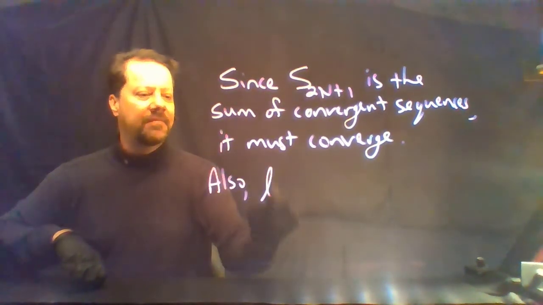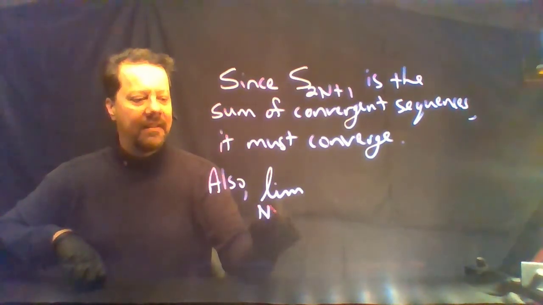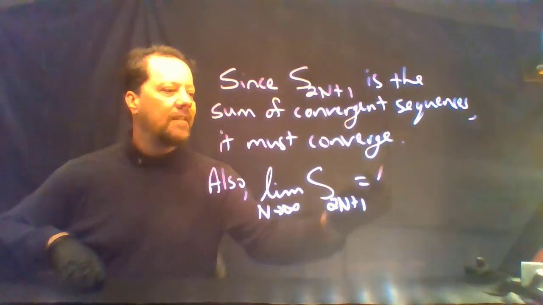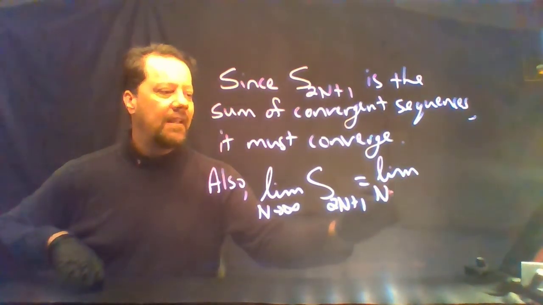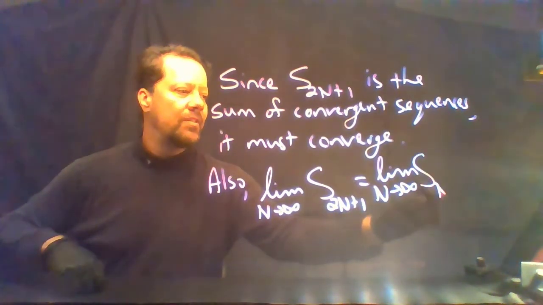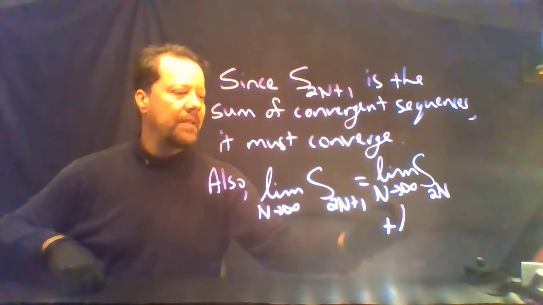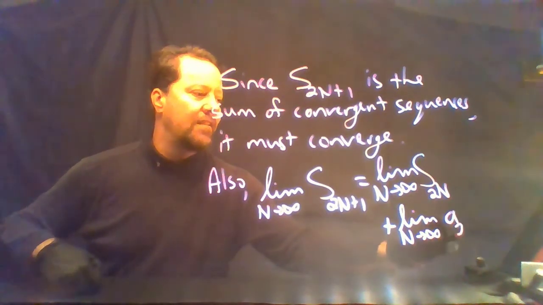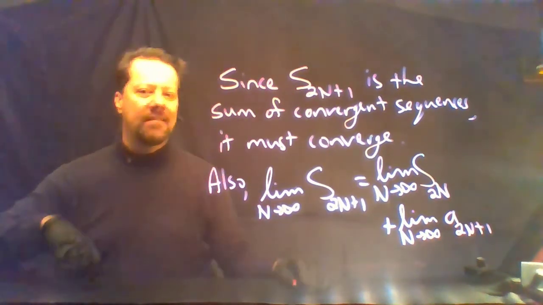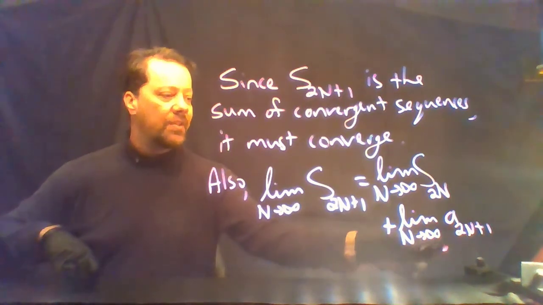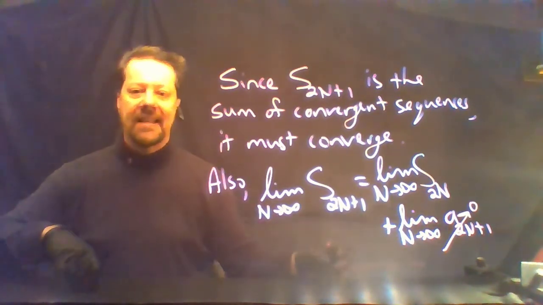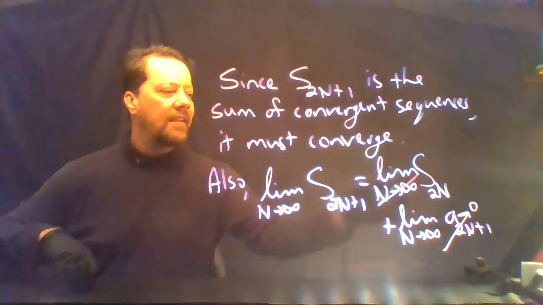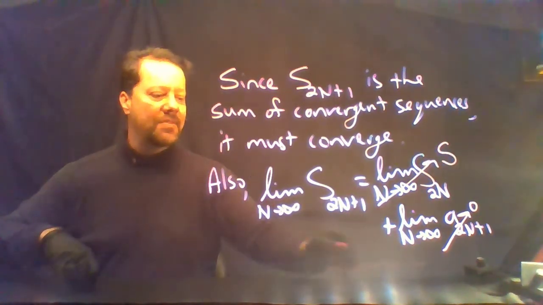Also, if we look at the limit as n goes to infinity of s 2n plus 1, that must be the limit as n goes to infinity of s 2n plus the limit as n goes to infinity of a 2n plus 1. We know the terms must go to 0 as a hypothesis of the alternating series test, and these go to some value s.